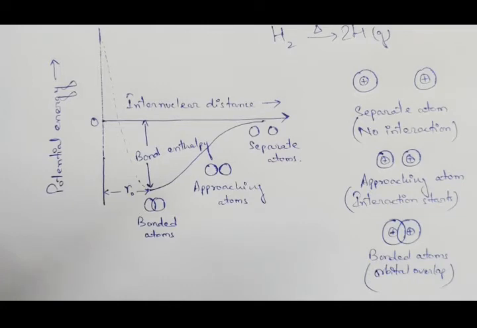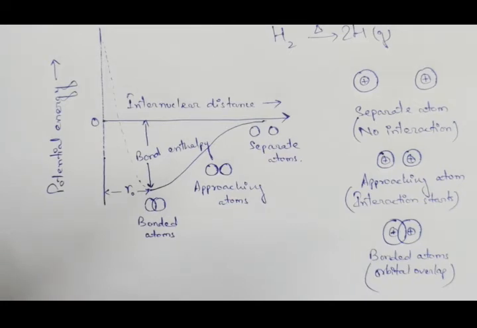That means the bonding will not form, the interaction won't take place, and the helium molecule won't form. Since the energy of the two separate helium atoms is smaller than that of the system when they are close to each other, they prefer to stay separate and do not form the He2 molecule.